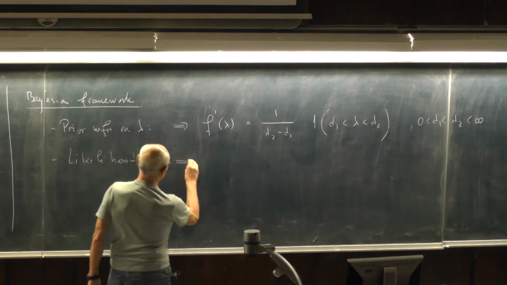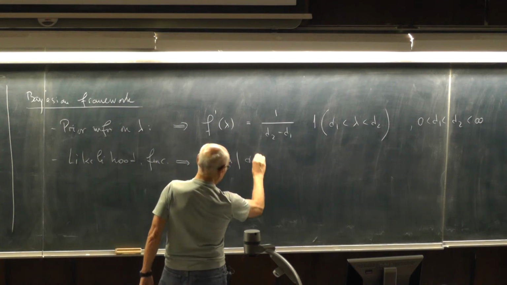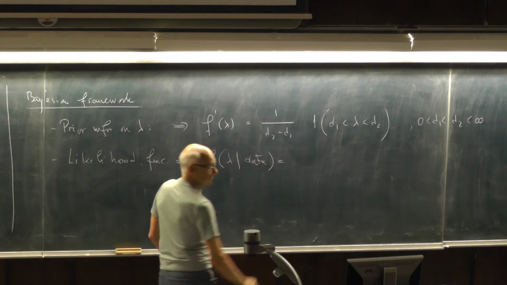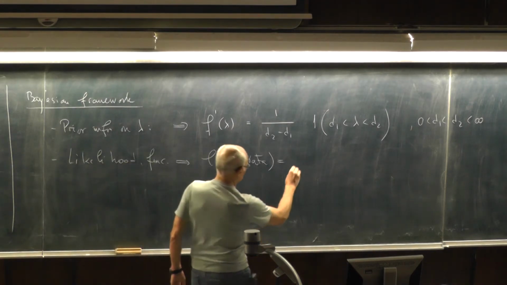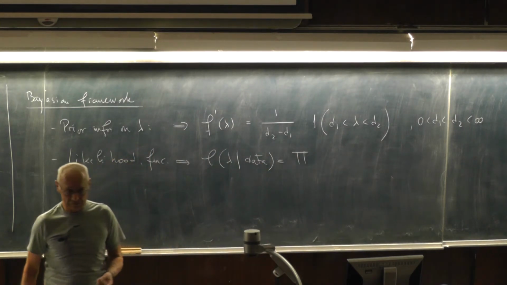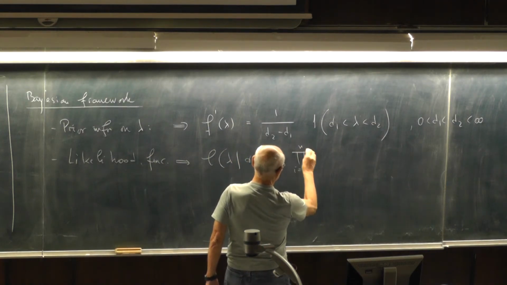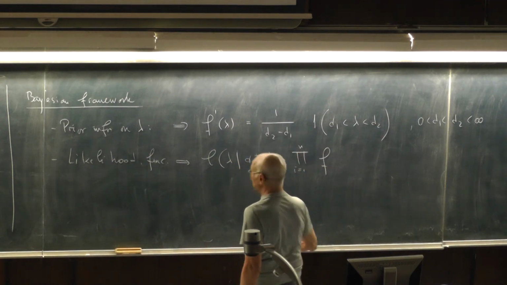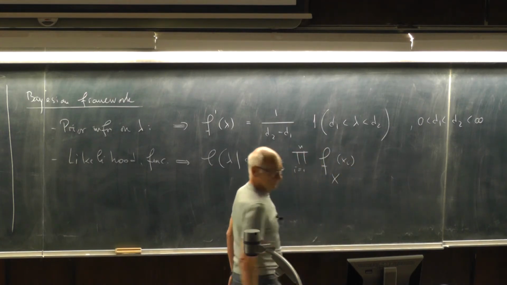It usually is denoted and depends on data. Once I give you data, you'll see right away, then I can calculate this probability. And since the values are independent of each other, it's simply the density of x at xi.